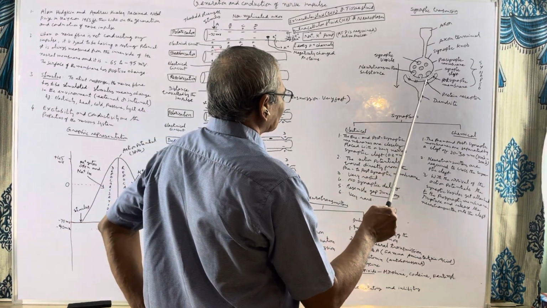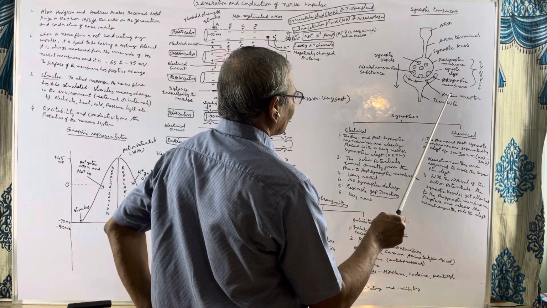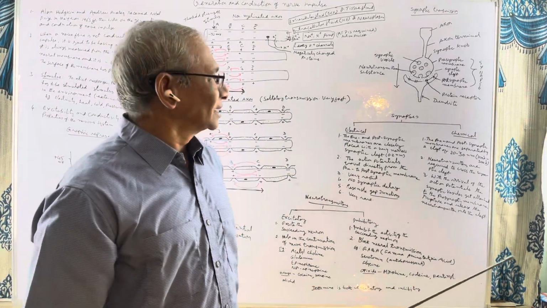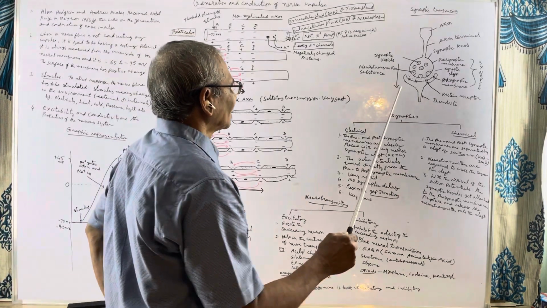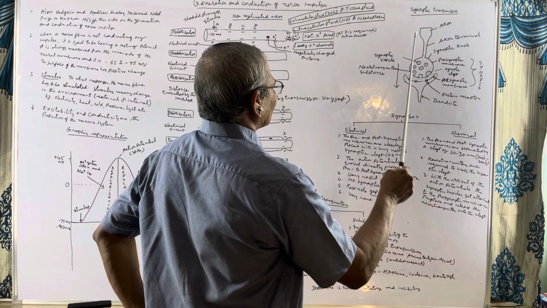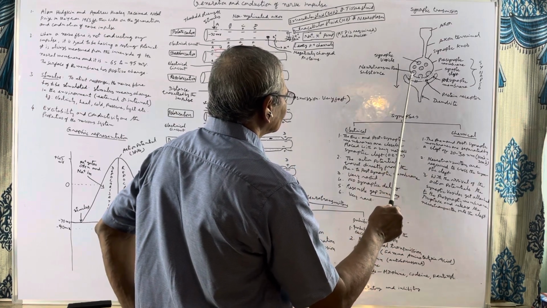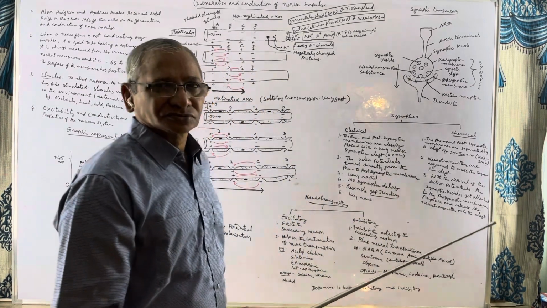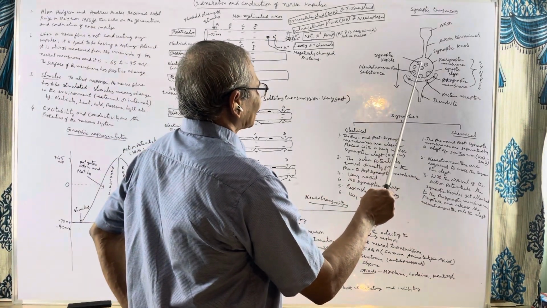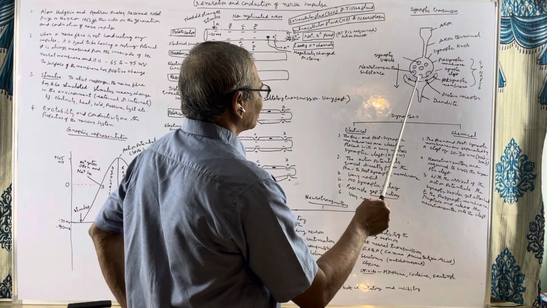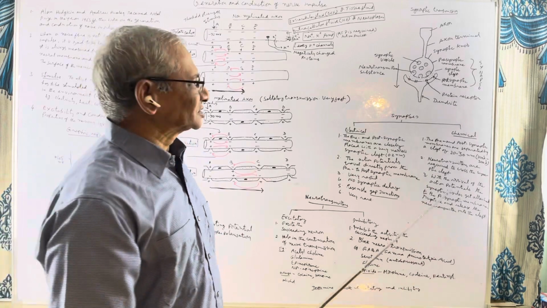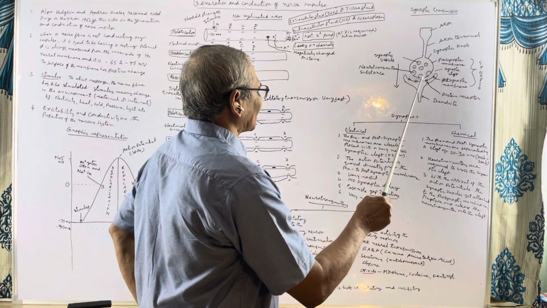On the postsynaptic membrane, there are some protein receptors. When a nerve impulse or action potential arrives at the synapse, the synaptic vesicles get attached to the presynaptic membrane and release the neurotransmitter into the synaptic cleft.